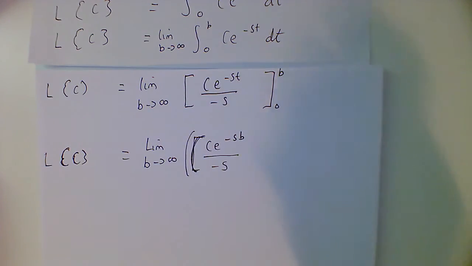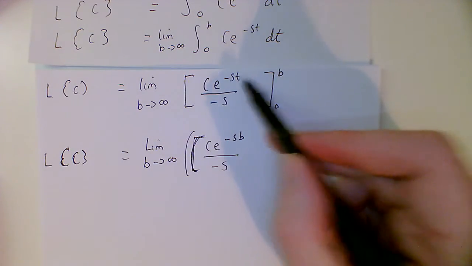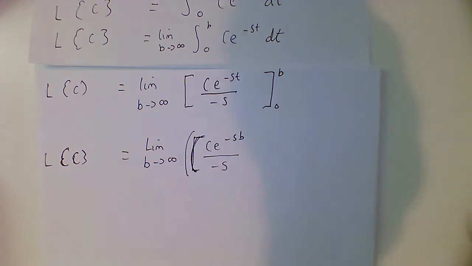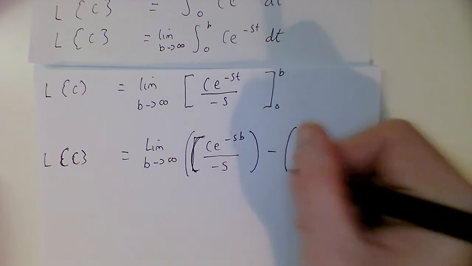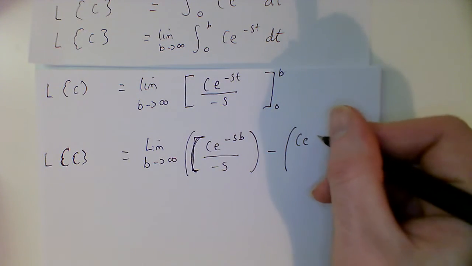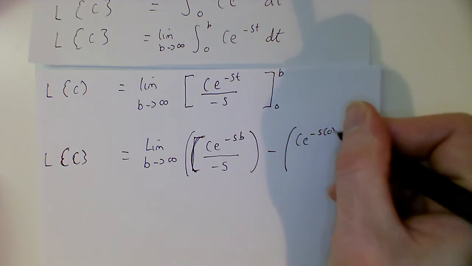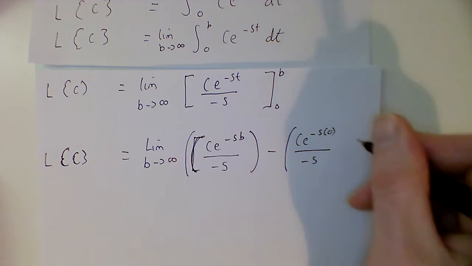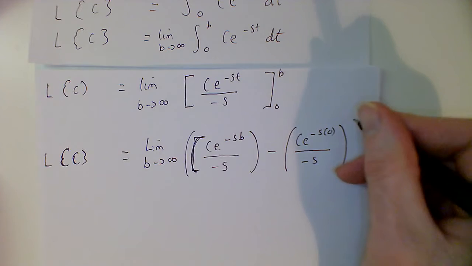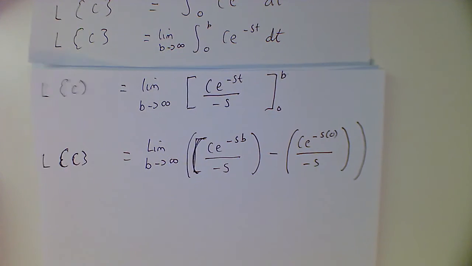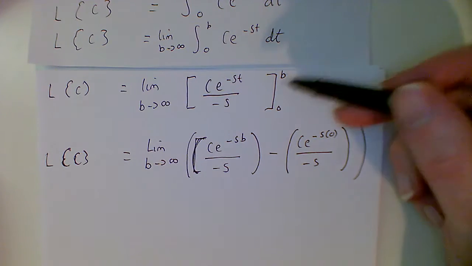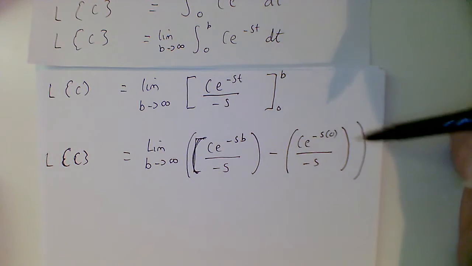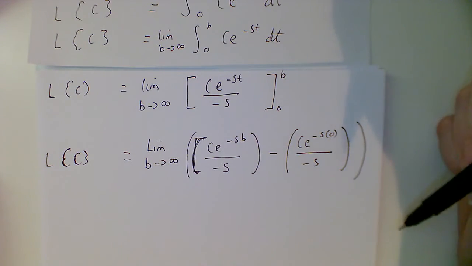Now remember, we're integrating with respect to t, so that's where the limit goes in. And let's subtract c e to the power of negative s times 0 over negative s, like that. So it's the top limit substituted in place of t, and the bottom limit substituted in place of t.